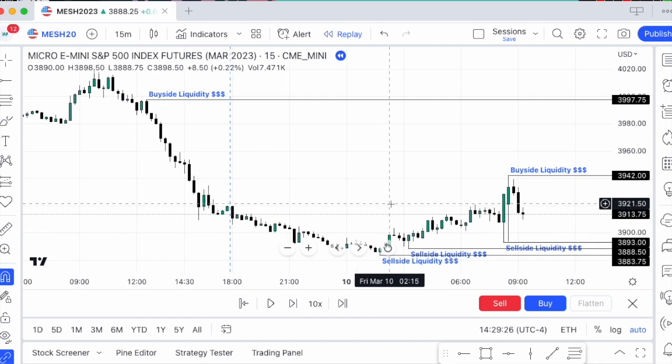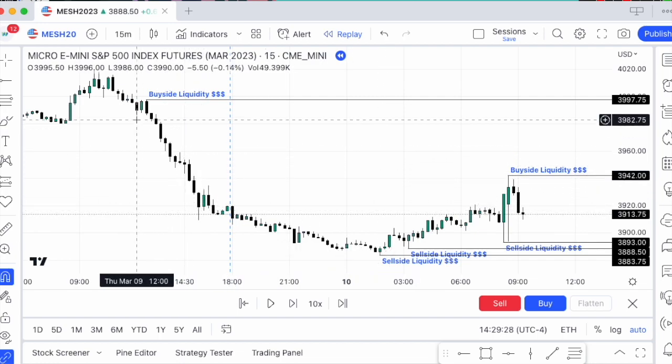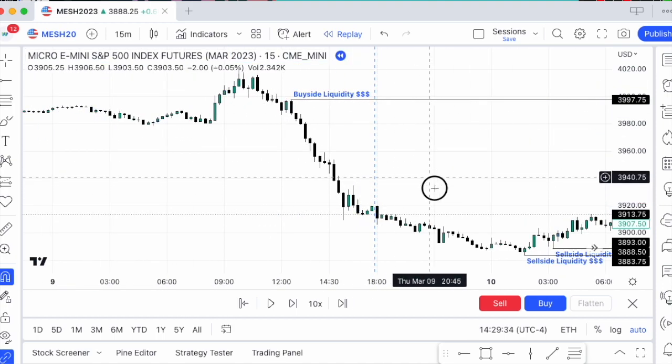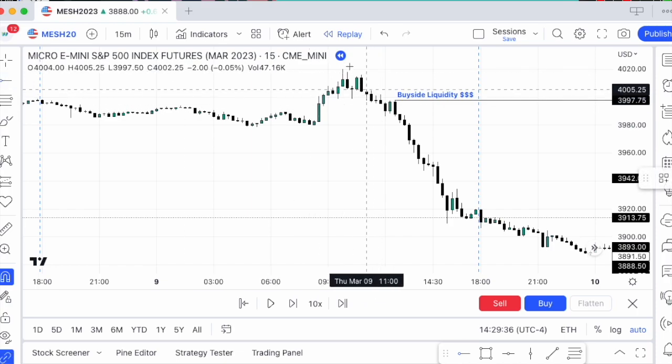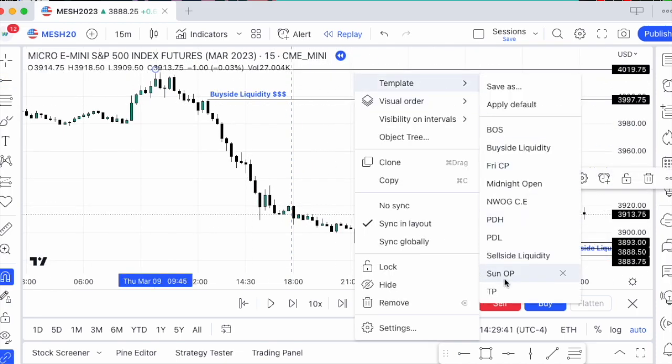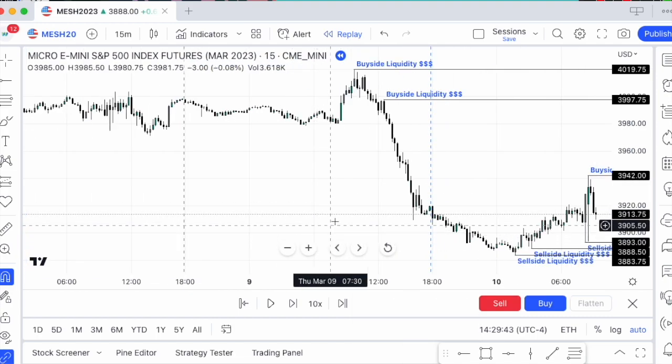So I just map out these levels. I don't see any other bisects, it's just straight downtrend. Here's the last up candle, and then we've got some relative equal highs up here, so I will map that out as well. So I like to map out a couple up top, a couple below, just to see where it is.